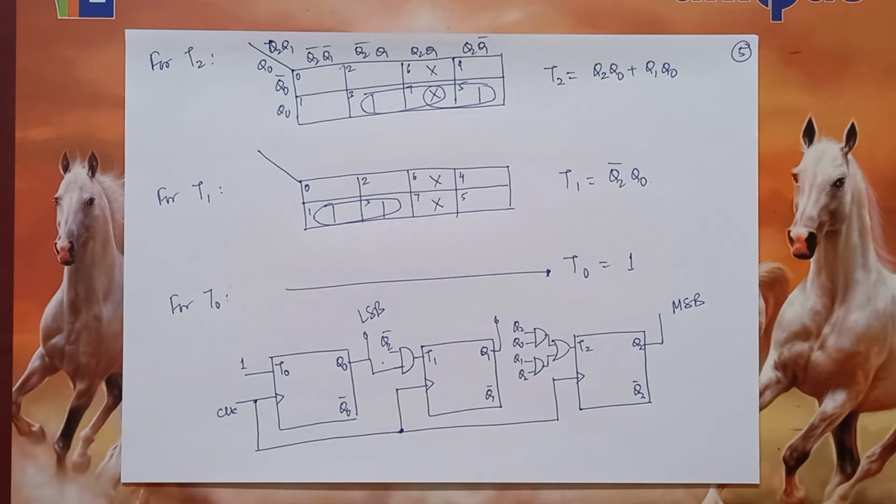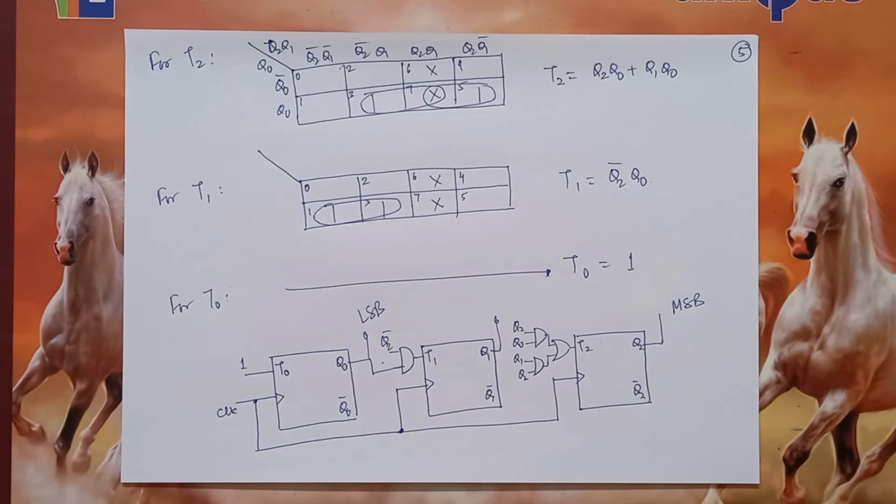But having said all this, we should not pat ourselves on the back and say that, okay, we have now reduced the hardware, we have reduced the additional complexity or additional gates needed, and now our problem is solved.